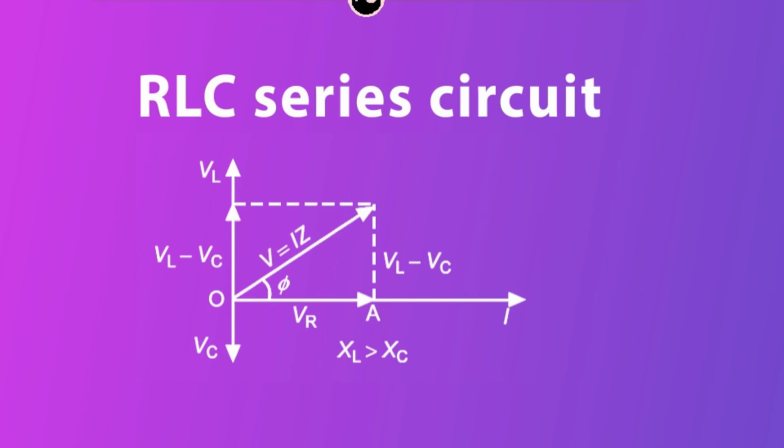Now you have to see the voltage drop across the inductor, VL. So in case of inductor, what happens? Current lags with respect to the voltage by 90 degree, or in other words, voltage leads the current by 90 degree, which has been shown as voltage VL.